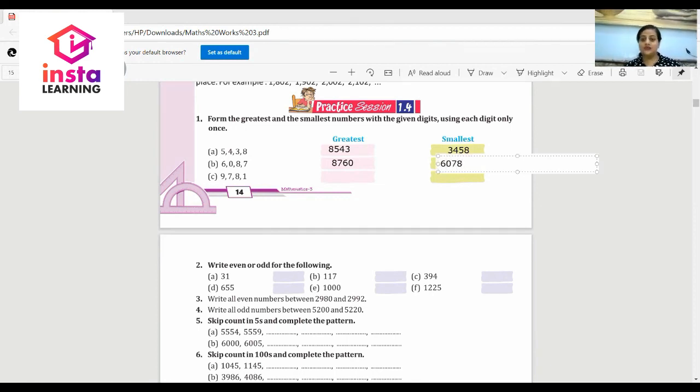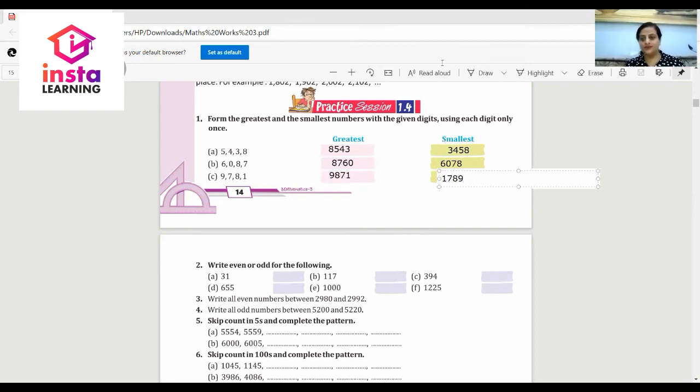It is the smallest number of all. Next will be 9,871. And if we want to make the smallest number of all, then we will write 1,789. This will be our smallest number.